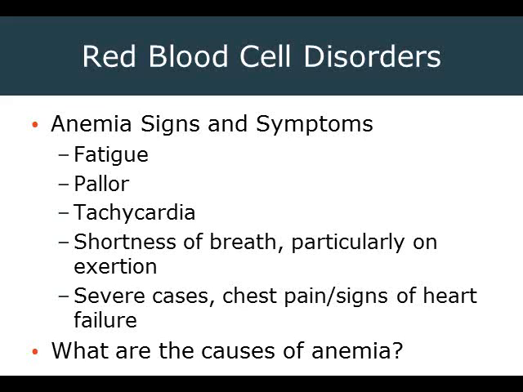B12 is needed in the Krebs cycle to help create energy. And it also affects the division of red cells, so it knocks down our number of available red cells and our ability to produce those.